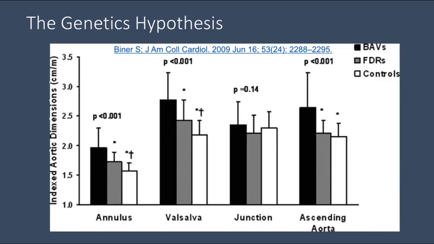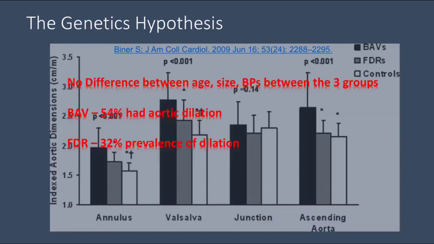They found that of those with BAV, over 50% had aortic dilation, but what was interesting was that those first degree relatives, even though they had a normally functioning tricuspid valve, 32% had aortic dilation. And this was significantly higher than what you would expect in the general population.